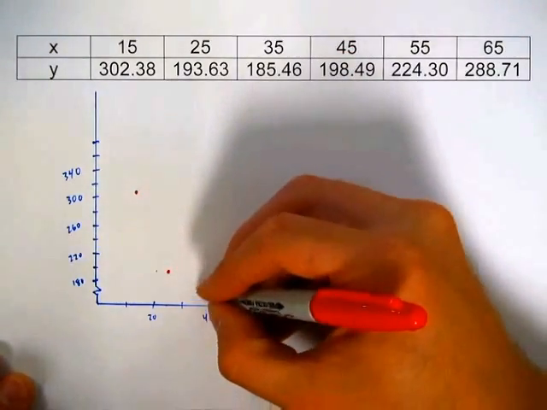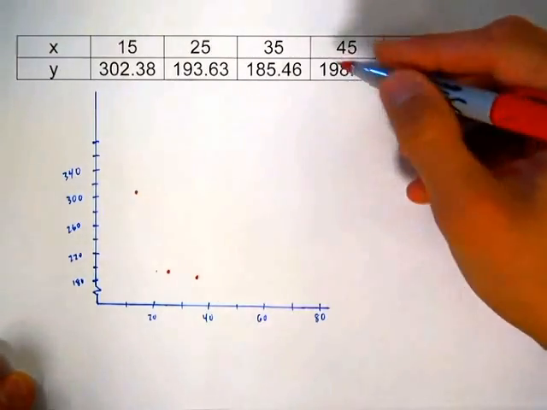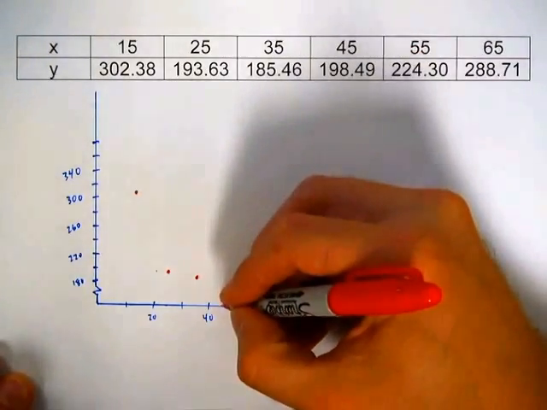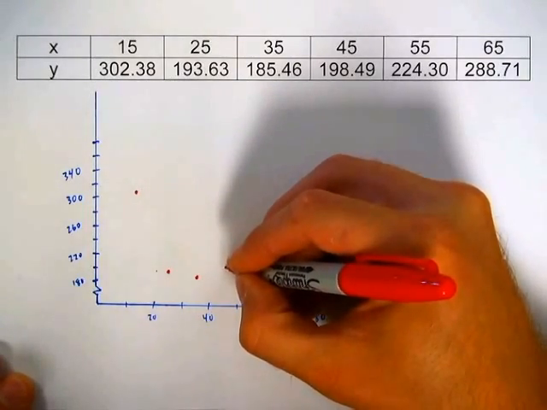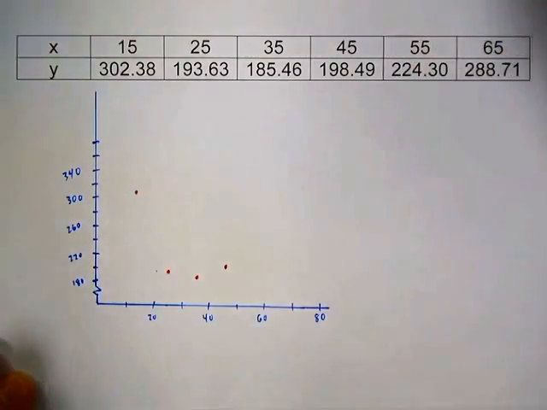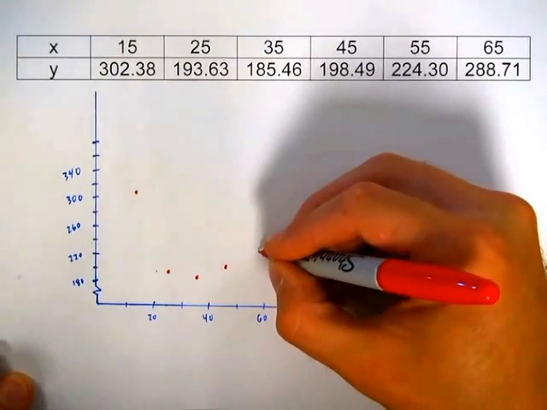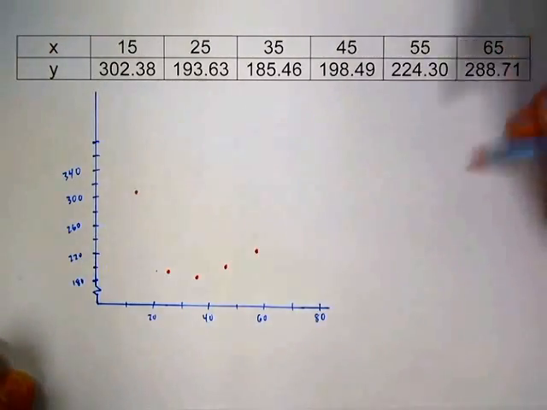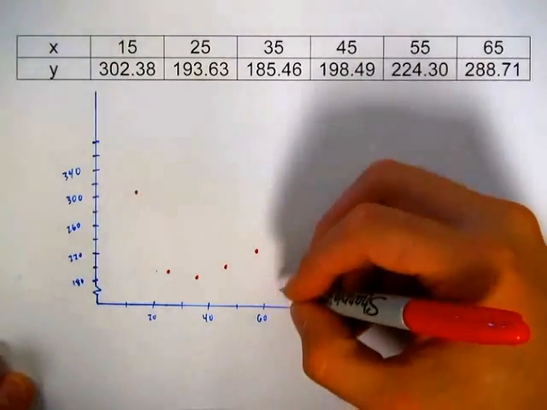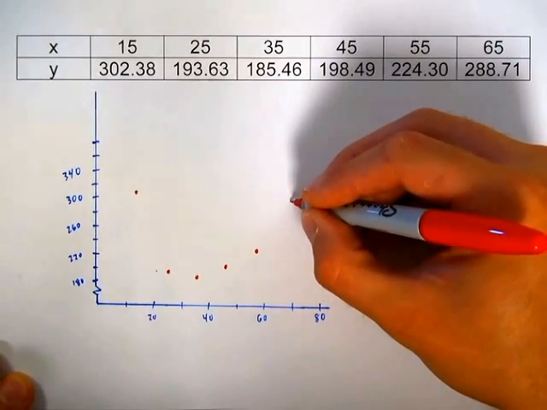Okay, that's going to be closer to here. 45 and 198. Be a little bit higher, about here. 55 and 224.3. So that should be about here. And 65 and 288.71. So 288 will be about here.